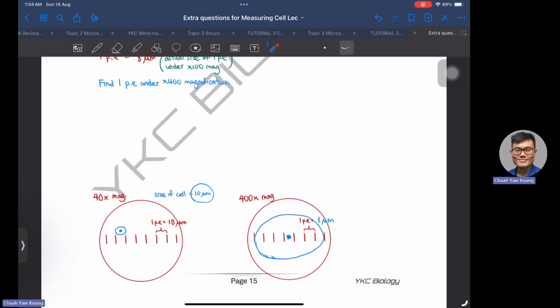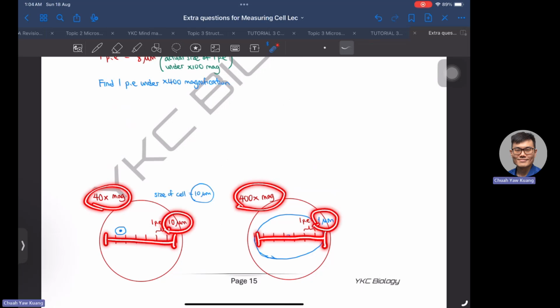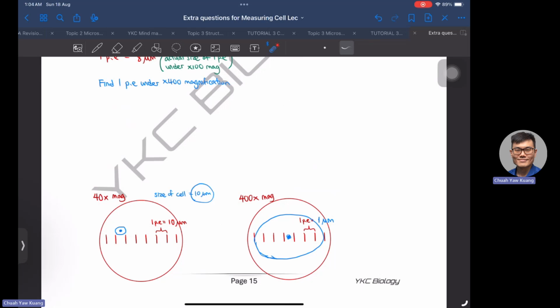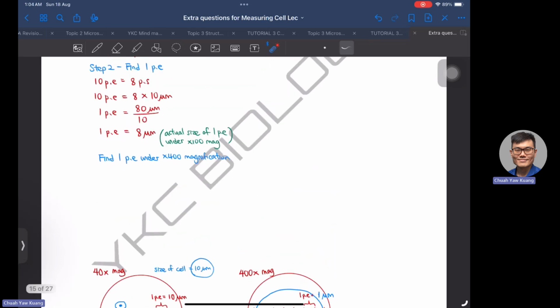So based on this concept, what is important to know is that when the magnification increases or decreases, the image size of the eyepiece reticule is always the same. The only difference is their actual size. We can apply this to find one pitch on the eyepiece reticule under the 400 times magnification.